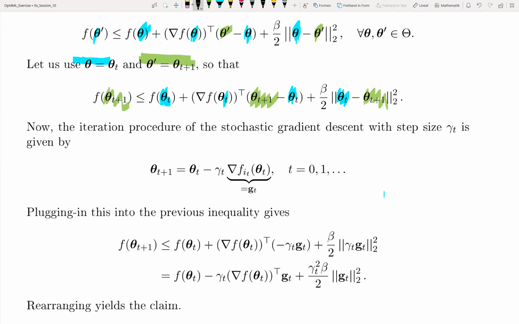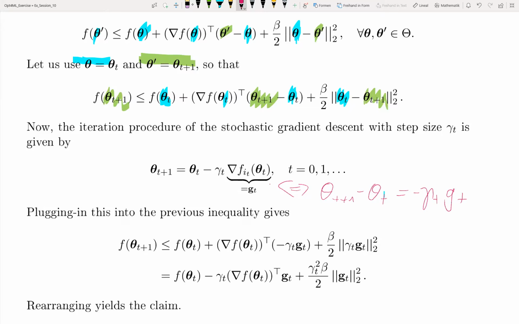And if we plug in this iteration here for the theta t plus 1 here, and subtract it, this here is equivalent to theta t plus 1 minus theta t is minus gamma t g_t, right?